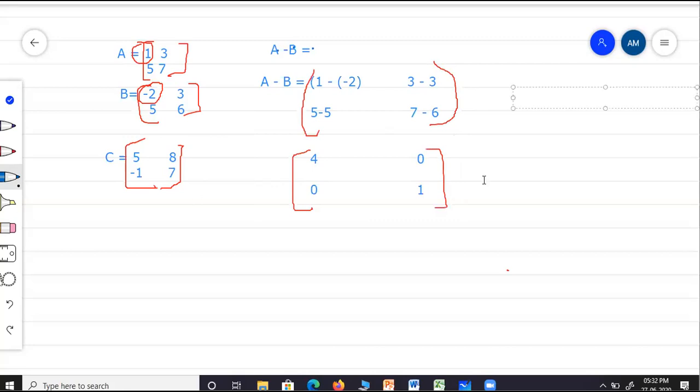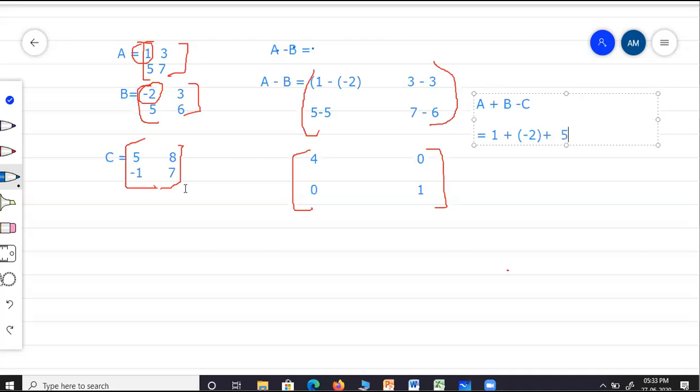For example, we have three matrices A, B, and C. And if you want to find A plus B minus C simultaneously, how can you find it? For the first row, first column, the elements of matrix A, matrix B, and matrix C we write: 1, and the sign is plus, then matrix B, that is minus 2, minus the element of matrix C, 5.